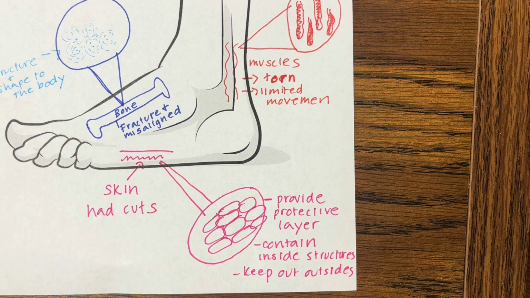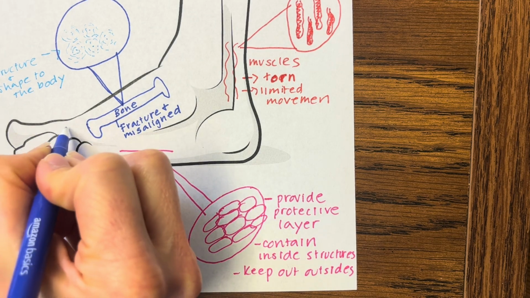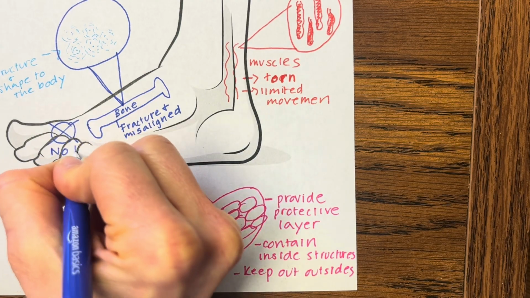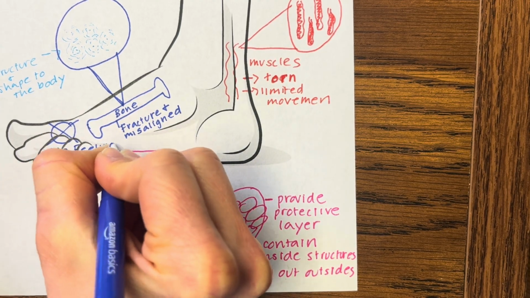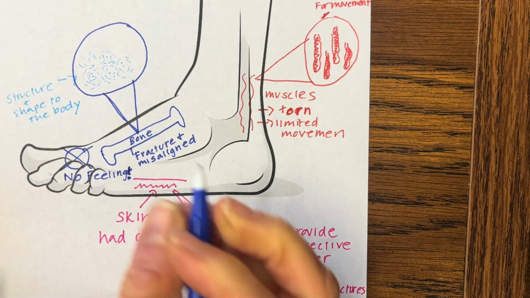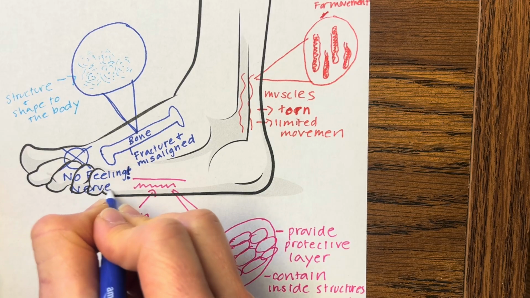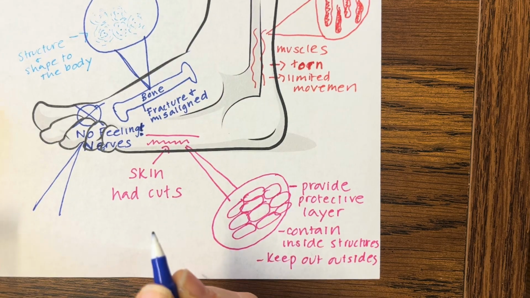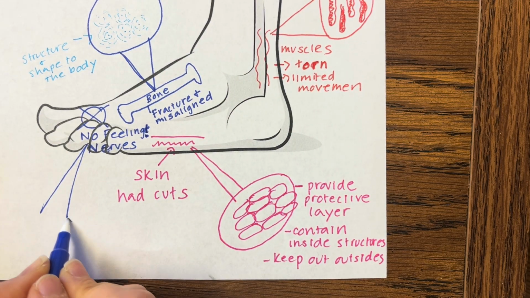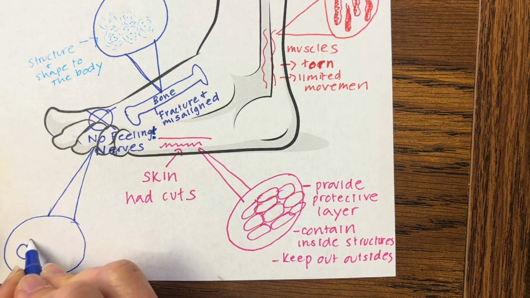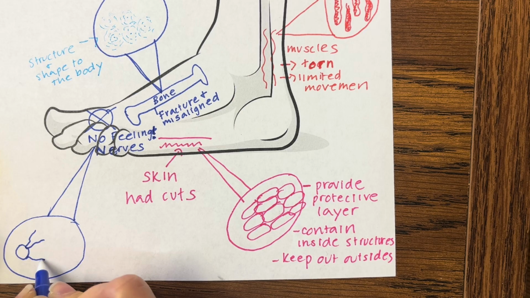Another cell that we have in our foot that we think had some injury to it were the nerves. If you remember, on the top of his foot, there was no feeling. Pardon my spelling. No feeling on the top of the foot, and we think that's because of the nerves. I'm going to do a zoom in so we can show what nerves look like. Remember, nerves have a central body with kind of branches coming out to them.